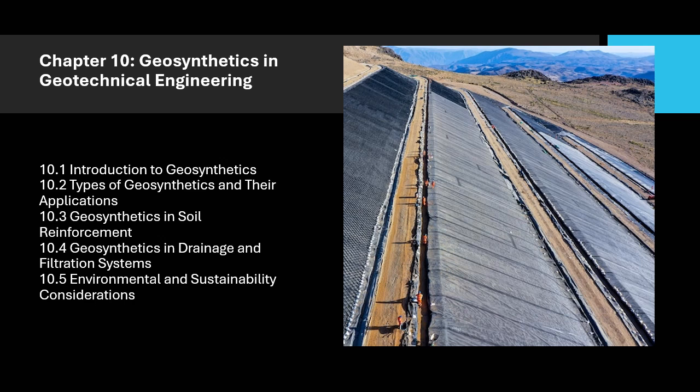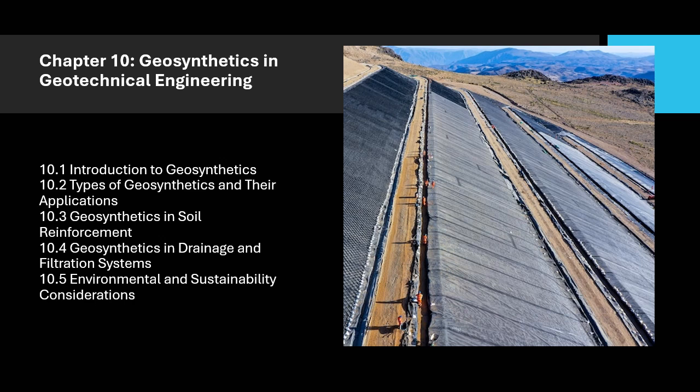Lateral confinement. Geocells provide lateral confinement by enclosing soil particles within a three-dimensional structure. This confinement limits soil expansion under load, increasing the effective stress and enhancing the soil's overall stability.